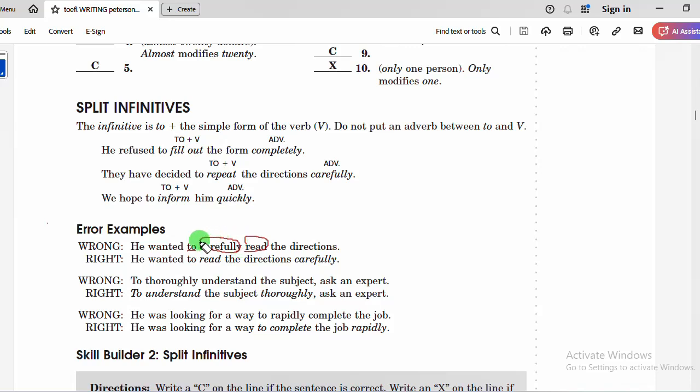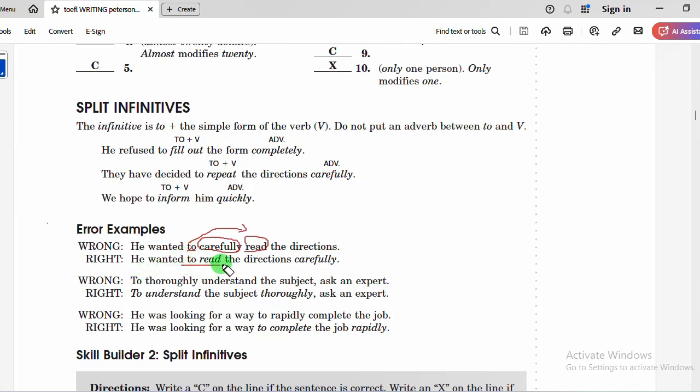The adverb carefully is inserted between to and the infinitive read, so the writer here made a split infinitive. In order to fix that mistake, we are going to move the adverb so that the to is followed directly by the infinitive. So the sentence was rewritten: he wanted to read.